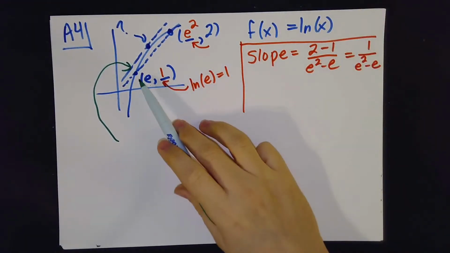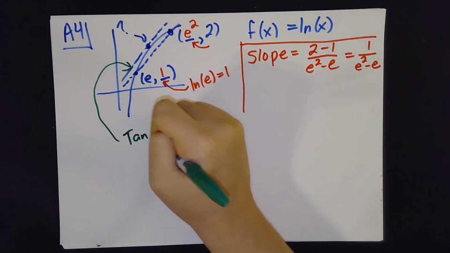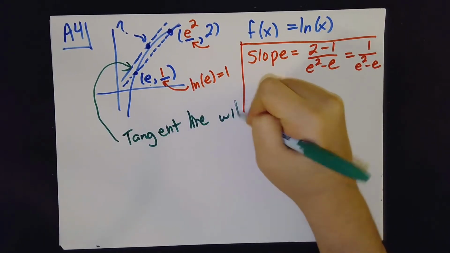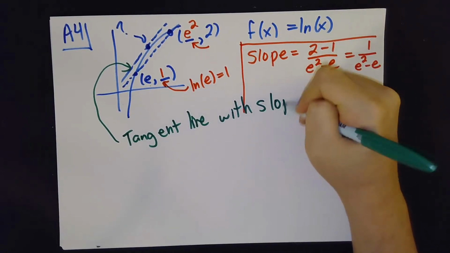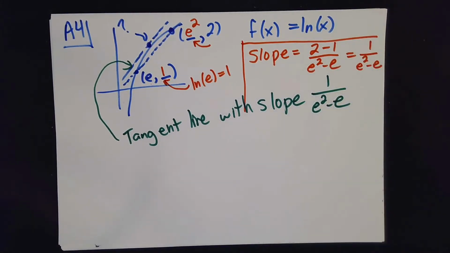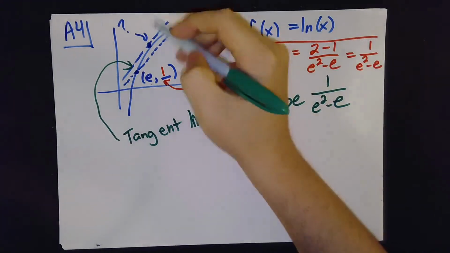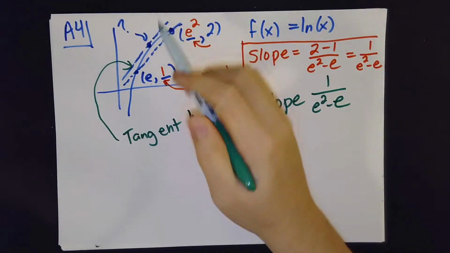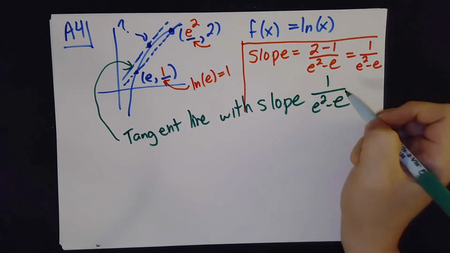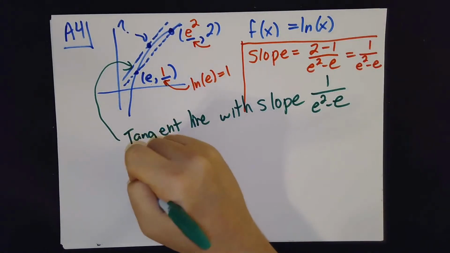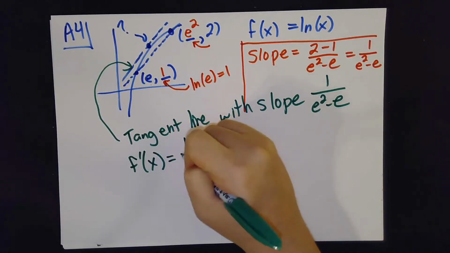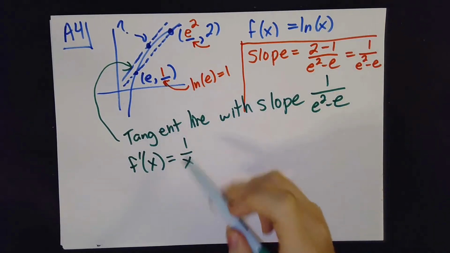Okay, so this is a tangent line with slope 1 over e squared minus e. That's the summary of what we know. So we're trying to find the point where the tangent line has slope 1 over e squared minus e. If I take the derivative of the function, I get 1 over x.